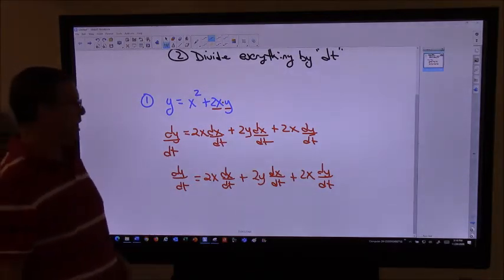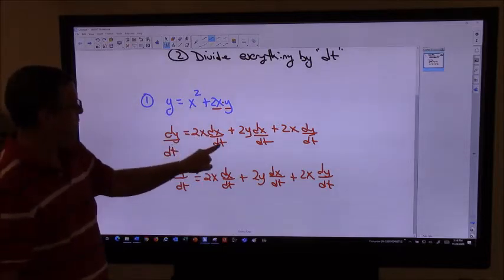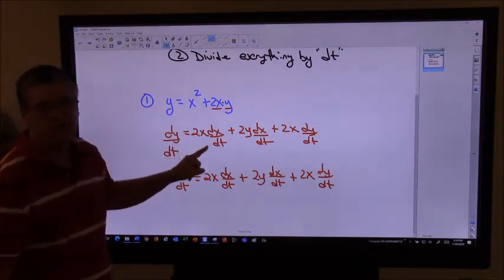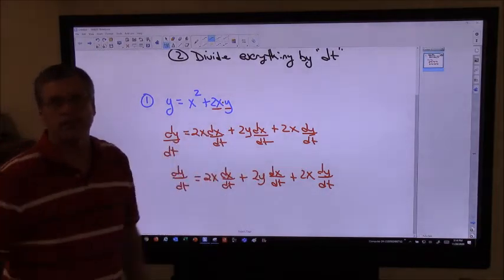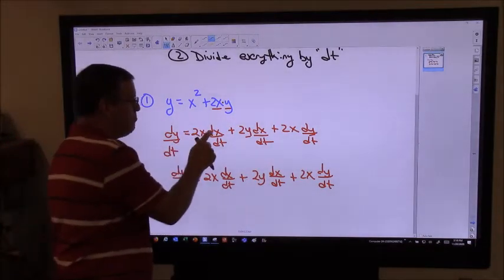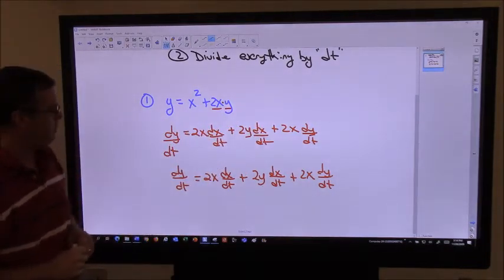And then usually what happens is they'll say, find dy dt if dx over dt is changing by 3 inches per second. You know, something like that. They'll give us a number to plug in for this. And so we plug it in and then just solve for whatever's left. We'll see that on our next example.